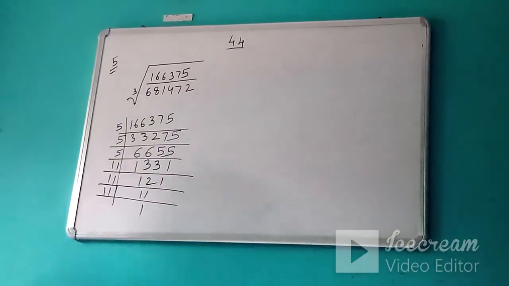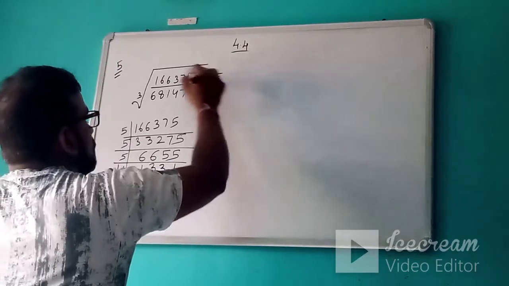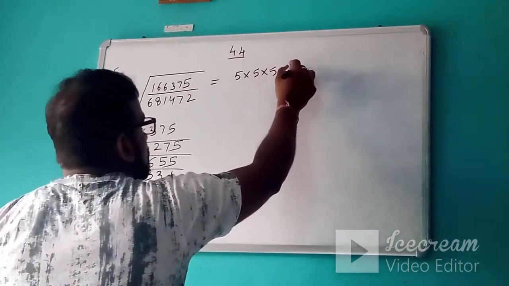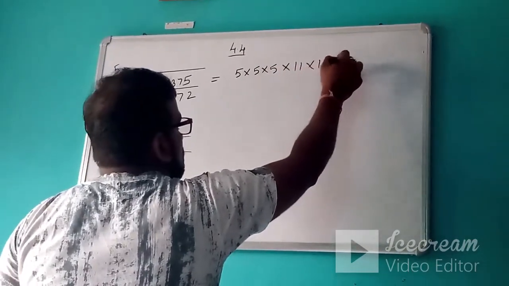Prime factorization of this, so we will write 5 into 5 into 5 into 11 into 11.